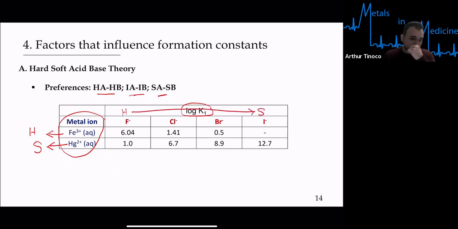As a consequence of that, we see the impact on the log K expression, where for the interaction between iron and fluoride, you have the highest log K1 expression, whereas for mercury, its interaction with the iodo ligand is going to be of the highest affinity. Right? And again, that's a reflection of this preference.